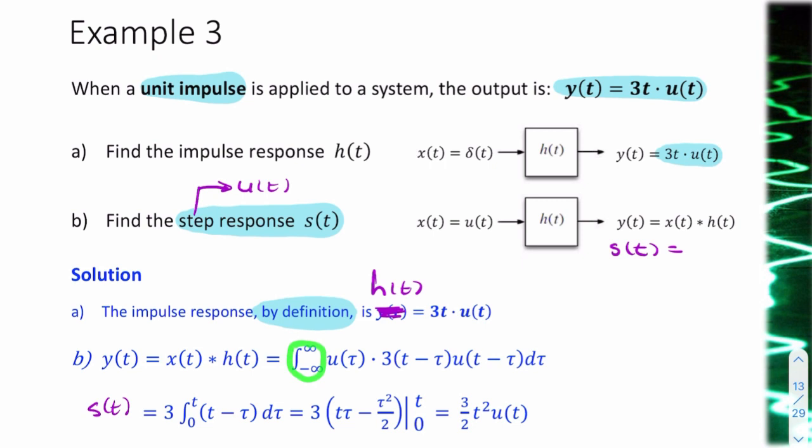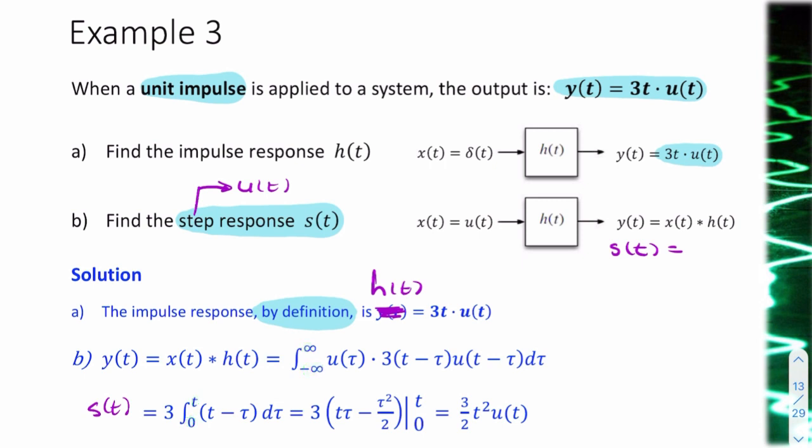Remember convolution integration? So you can carry out that integration, then substitute the limits. Why has it changed from minus infinity to infinity to 0 to t?